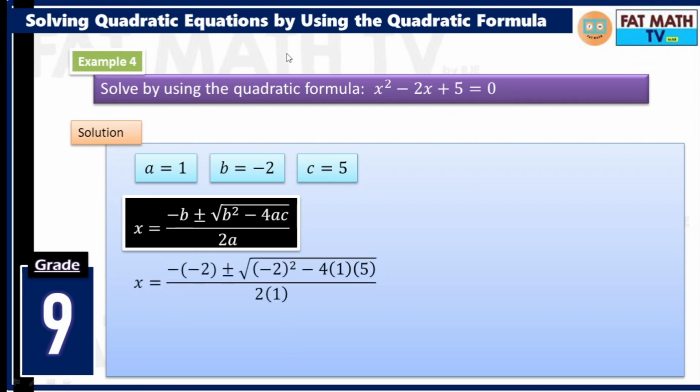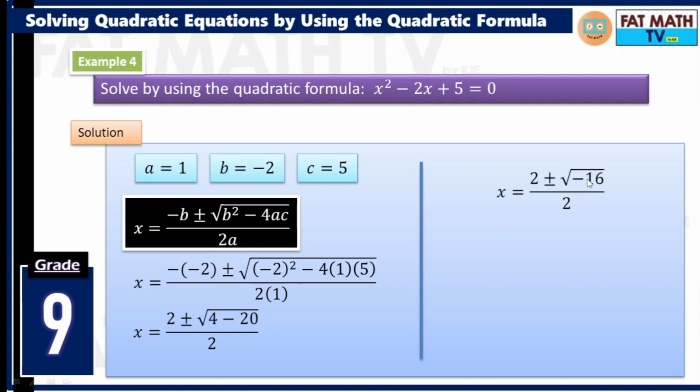So that is negative of negative 2 plus or minus the square root of negative 2 squared minus 4ac, over 2a. So negative of negative 2 is positive 2. Negative 2 squared is 4. Negative 4 times 1 times 5 is negative 20. 4 minus 20 is negative 16.